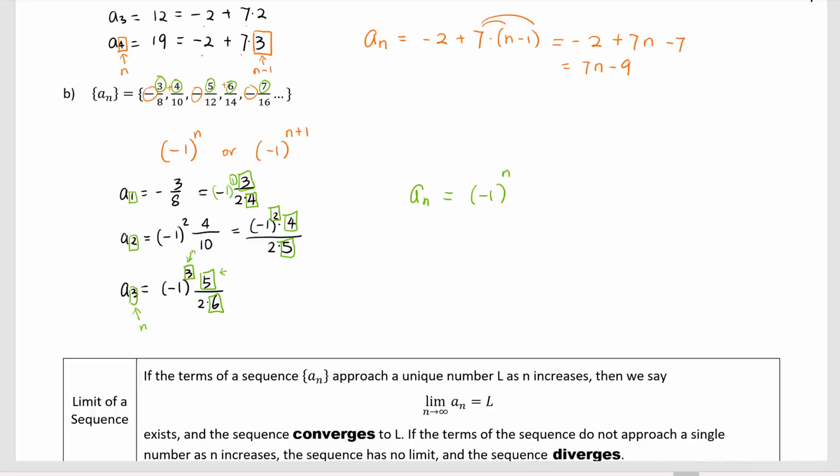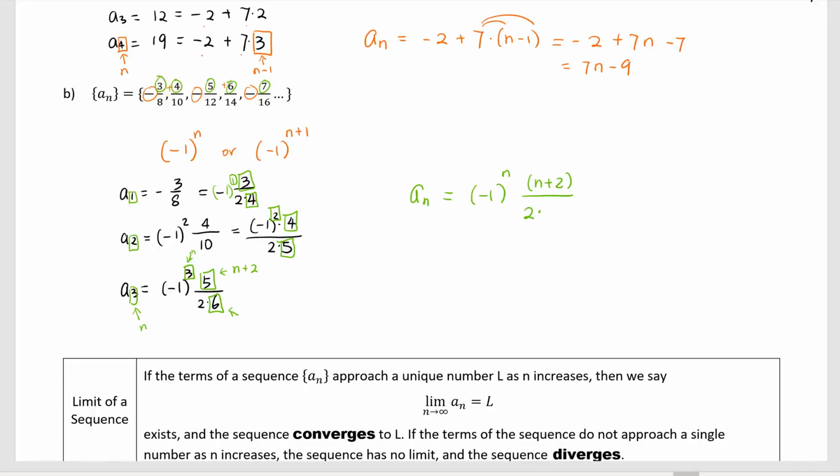Okay, how about the 5? What's the difference between 3 and 5? 5 is 3 plus 2. Then you can think about, oh, let's try this is n plus 2. Okay, so n plus 2 in the numerator. The denominator, 2 is fixed. Stay there. 6. What is 6? Well, 6 is 2 times 3, or 6 could be 3 plus 3.